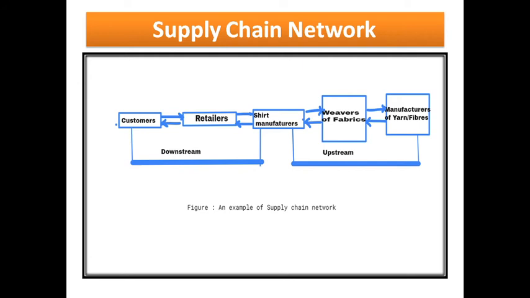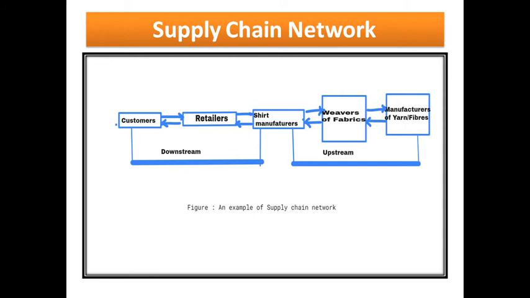Once the shirt manufacturers have manufactured the finished product, a shirt in our example, the product needs to be delivered to the retailer, or rather, retailers need to procure the shirts from the shirt manufacturers.